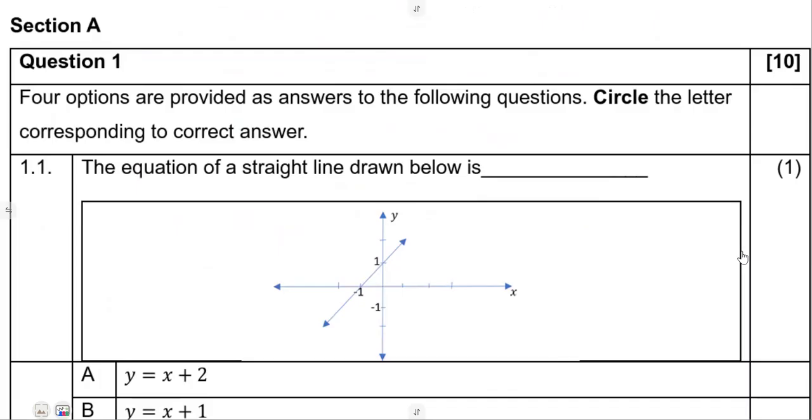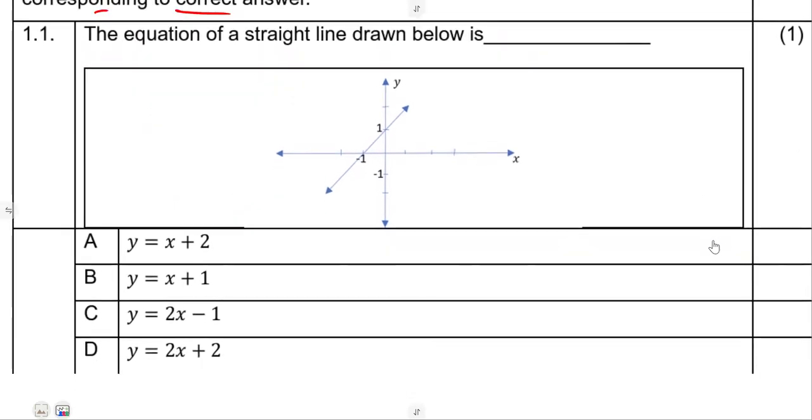All right, so section A, question number 1: 4 options are provided as answers to the following questions. Circle the letter corresponding to the correct answer.